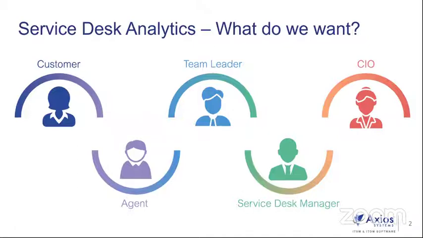What is the team leader looking for? He's looking for individual and team performance and the ability to do some resource planning and then chart this information, so that when he's called into a team meeting, he has those metrics he can easily relay to the organization.